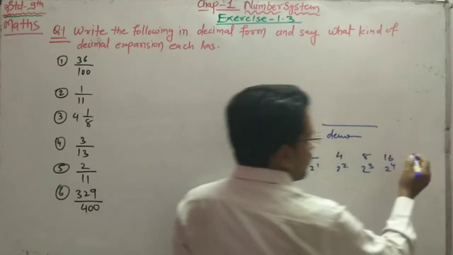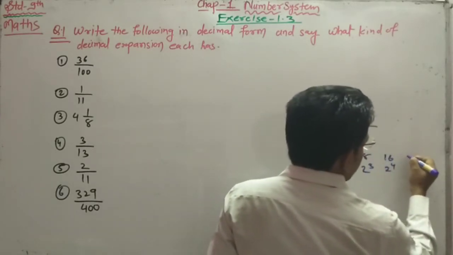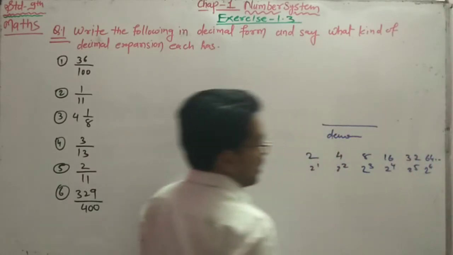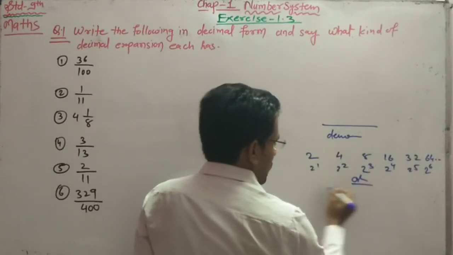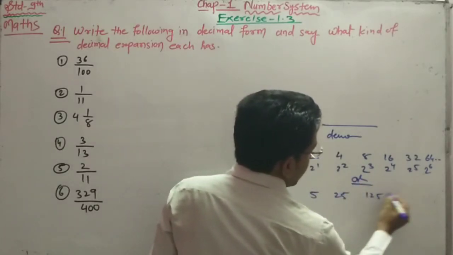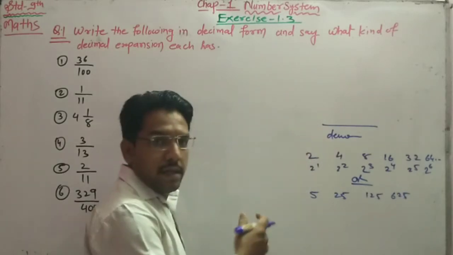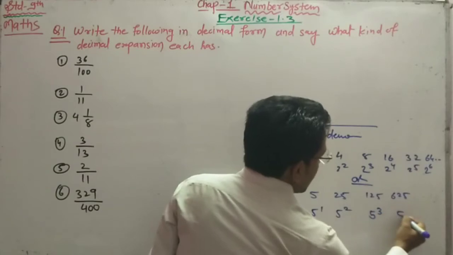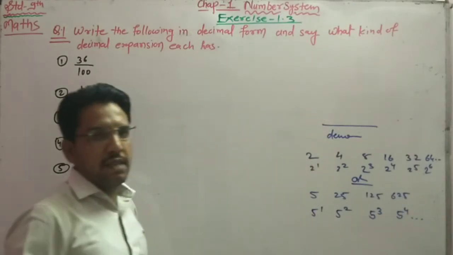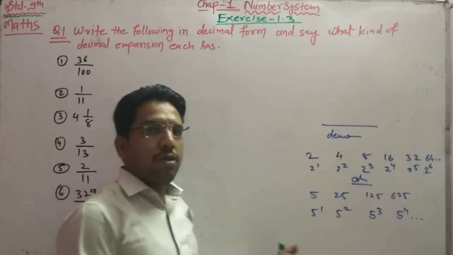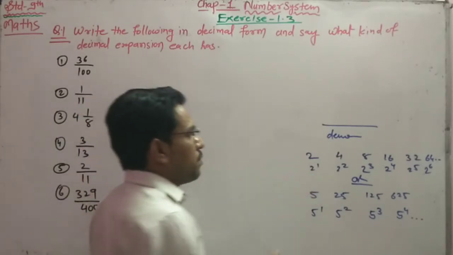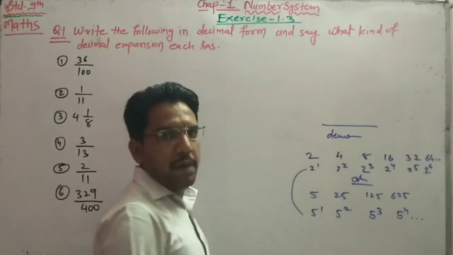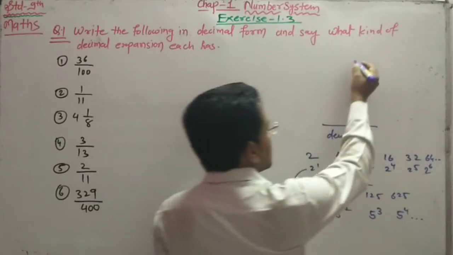These are the forms of 2 raised to n, then 32, 64 up to 2 raised to 5, 2 raised to 6, or 5, 25, 125, 625 and so on. 5 raised to 1, 5 raised to 2, 5 raised to 3, 5 raised to 4. These are given in the denominator. So if 2 raised to 1 is given, we should multiply it with 5, or if 5 is given, then it is multiplied by 2. See how it is done.